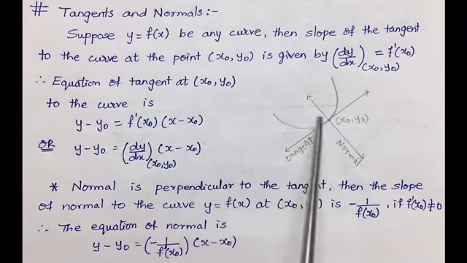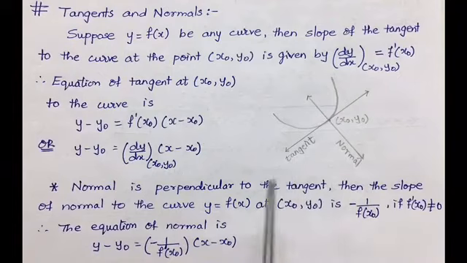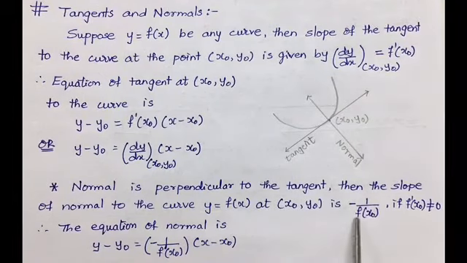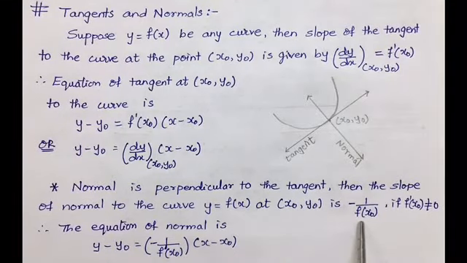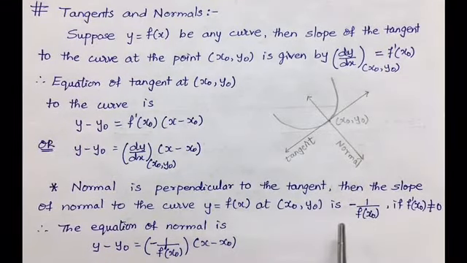Now as the normal is perpendicular to the tangent, the slope of the normal is taken as minus 1 upon f'(x0). That becomes the slope of the normal, because if two lines are perpendicular, then the product of their slopes m1 and m2 will be equal to minus 1.